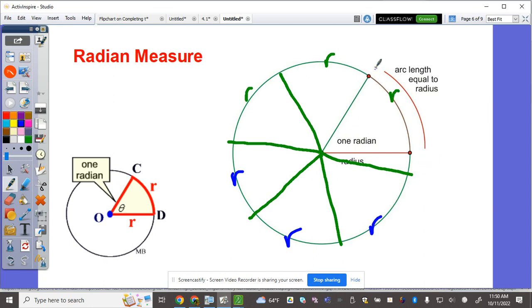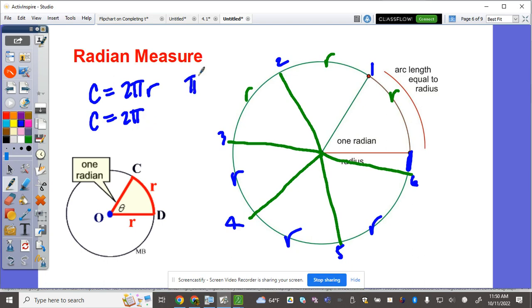If you notice, we have radian 1, 2, 3, 4, 5, 6, and a little more portion right there. So there are a bit more than 6 radians in a full circle. Do you know why? Because the circumference of a circle is 2 pi r. If the radius is equal to 1, this will be 2 pi, and we know pi is approximately 3.14.